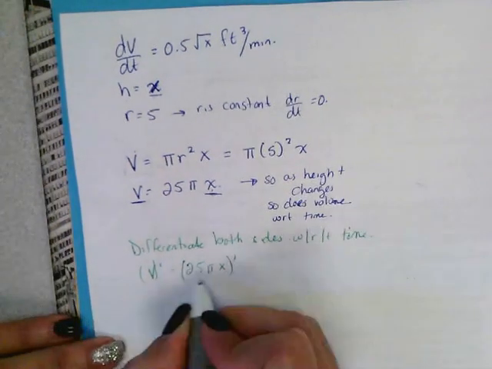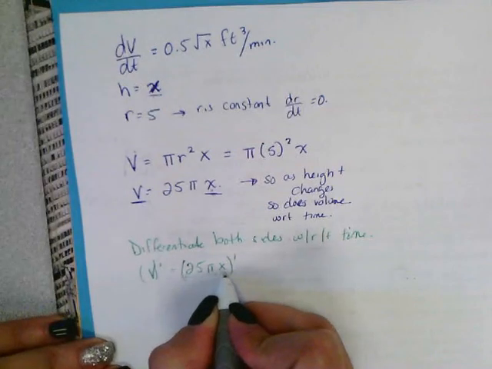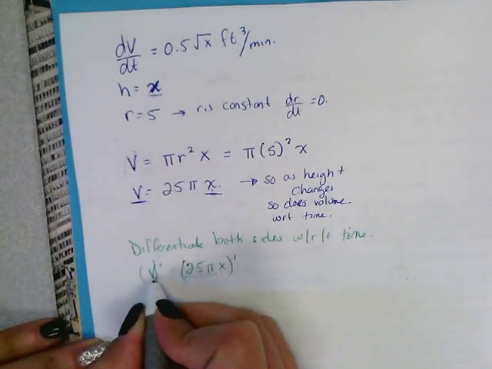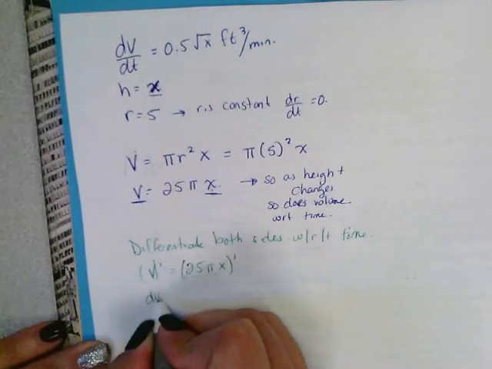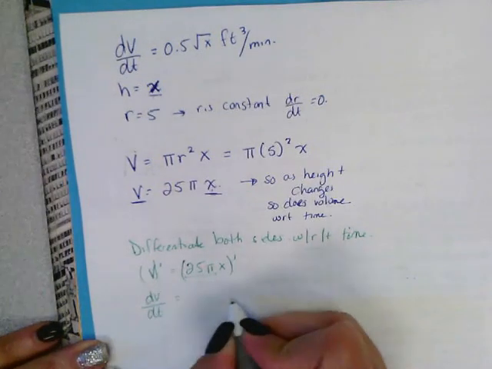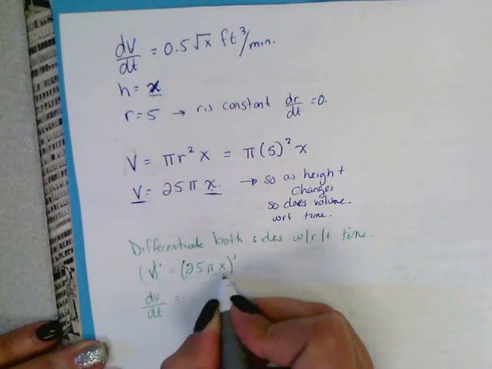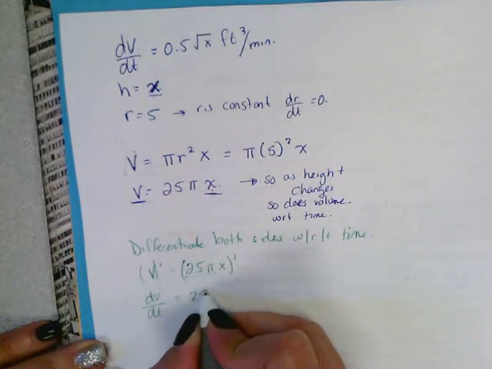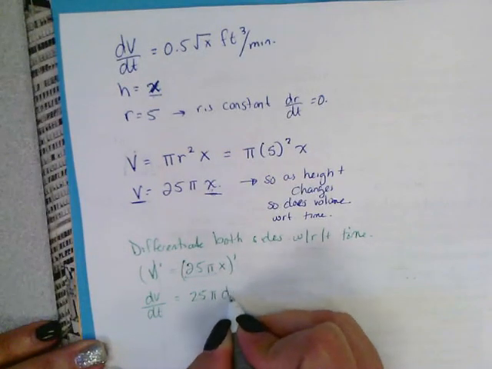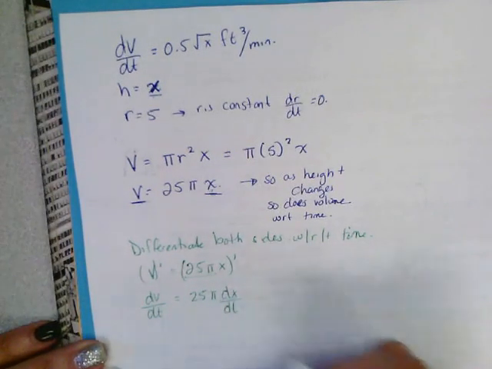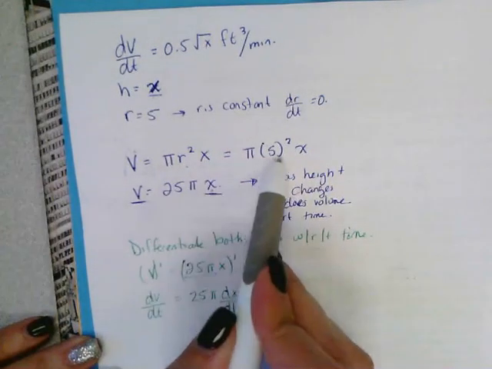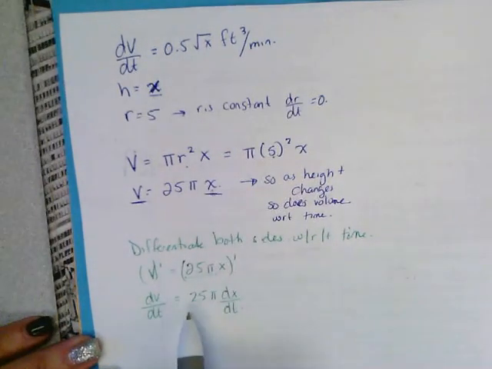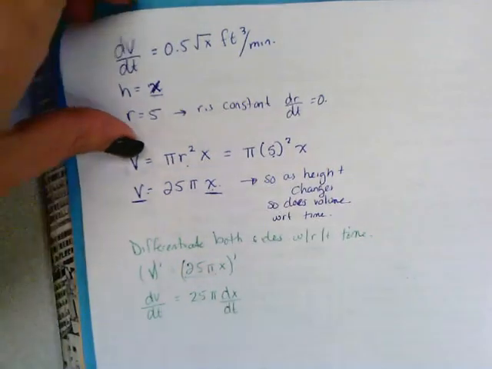Alright, remember that this is just a number times x. So the derivative of v is dv/dt, and the derivative of 25 pi x is just going to be 25 pi times dx/dt. So even if we waited to plug in the r until we got to this point, that still would have worked, but it makes it easier doing this.